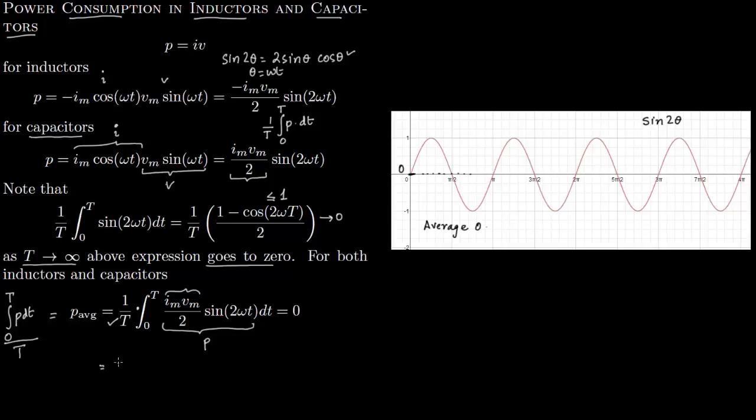So average power will become this times 1 by T integral from 0 to capital T of sin of 2 omega t dt, and this is 0. So this we just computed.